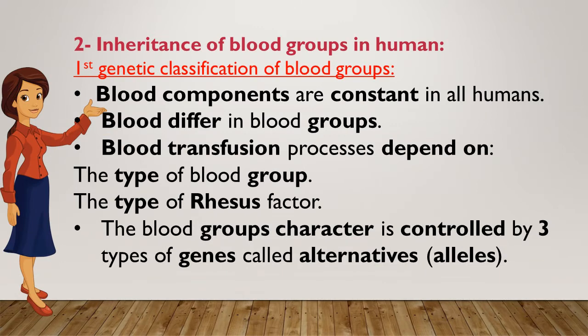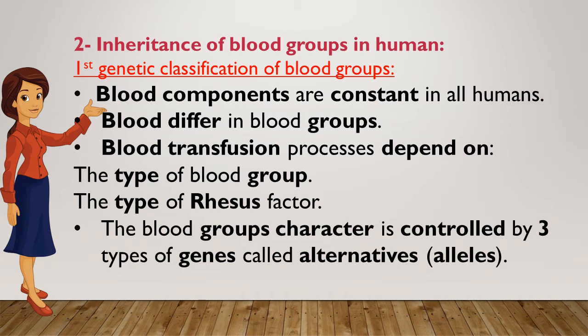Let's talk about the inheritance of the blood groups in humans. First, we are going to talk about the genetic classification of the blood groups. As we said before, the blood components are constant in all humans, as our blood consists of solid substances, which are red blood cells or RBCs, white blood cells or WBCs, and platelets, which are responsible for the blood clotting process.